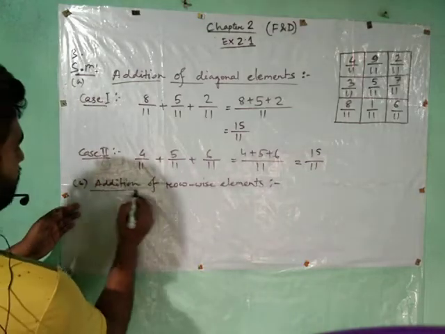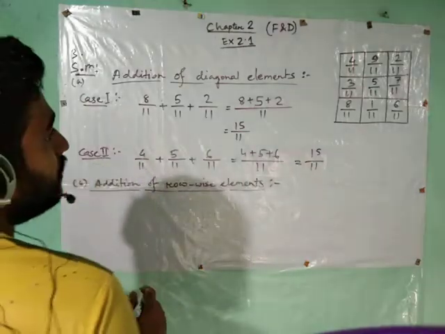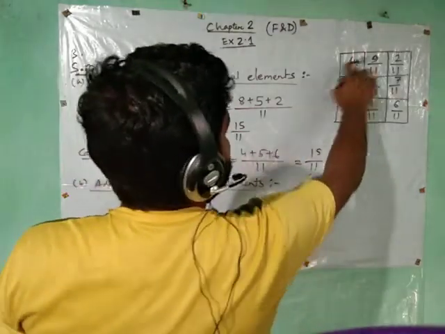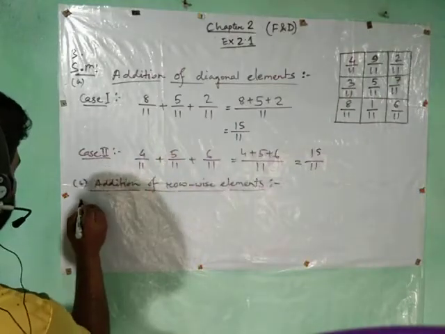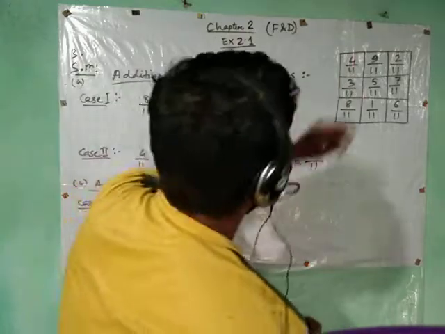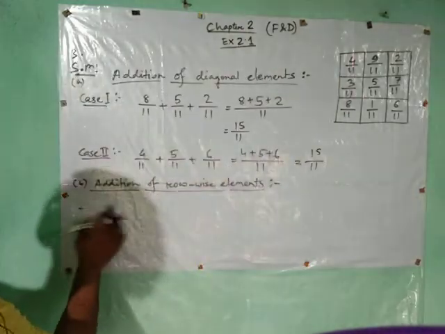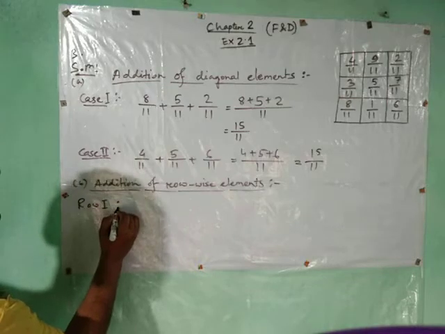Look at your copy and correct it. Now how many rows will we get here? 3 rows. That means for 3 rows, I am giving case 1, first row. Or you may write row 1 also.